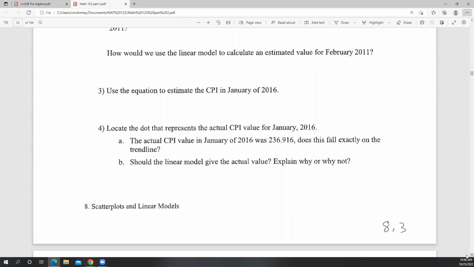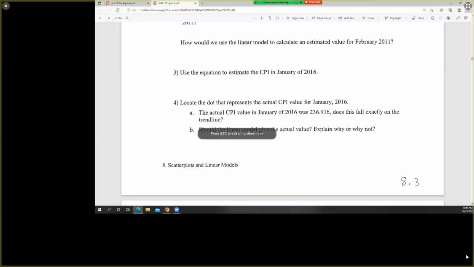So if we wanted to use the model to get an estimated value for February of 2011, what would we do? How many months after January 2011 is that? Yeah, so we would use 1 for x, with just this, right?